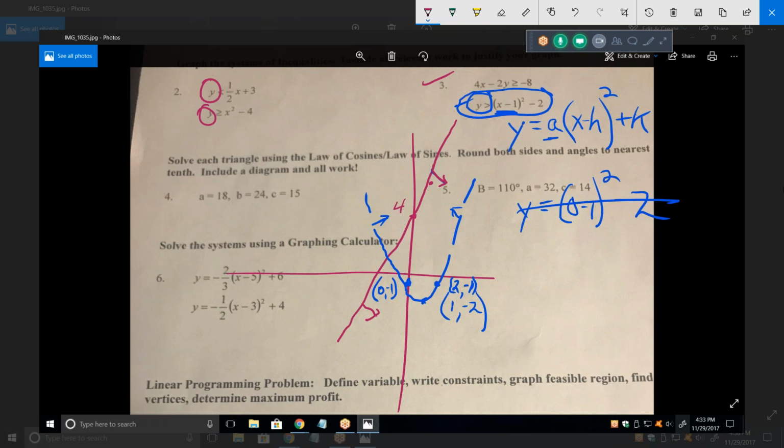Can you see what the problem is here? If I try to shade the common region, it appears that it goes on forever. And it doesn't.